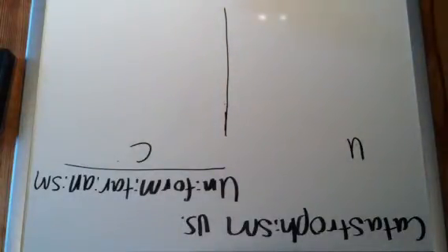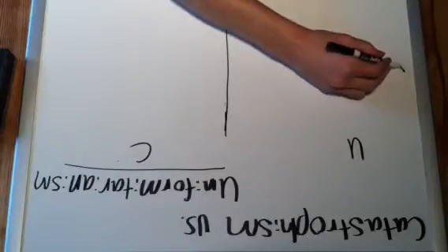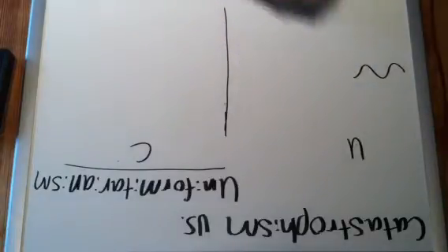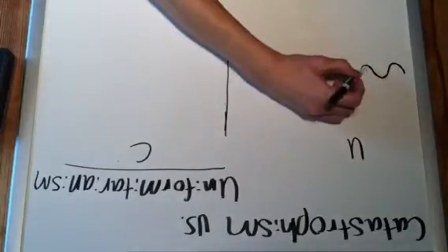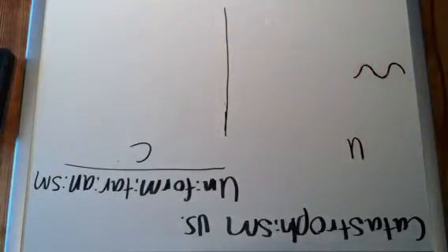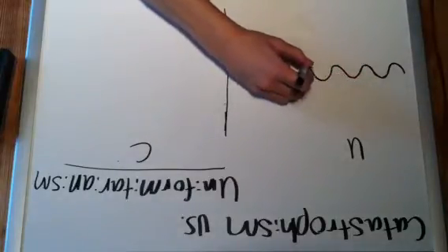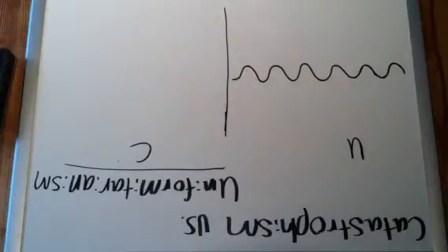So the uniformitarianism wave would look something like this. Maybe one wavelength, a very small amplitude here, relatively long wavelengths. And then we would just see this repeat over and over again over time, until the total net energy dissipated.